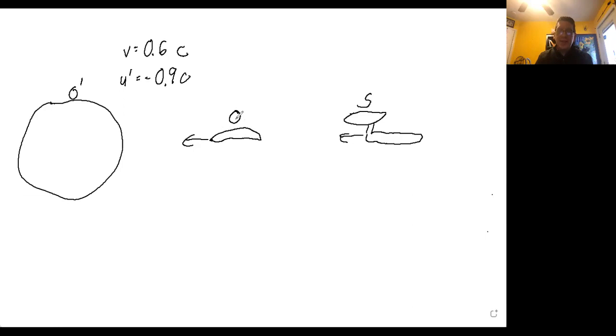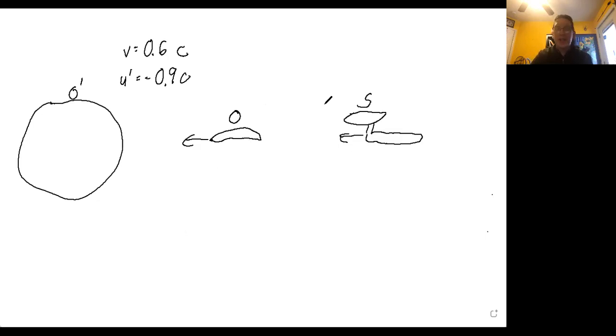Now, if relativity weren't involved, the Enterprise would be moving at a velocity of 0.3 c relative to observer O. That would be if relativity weren't involved, but let's see what happens when relativity is involved.